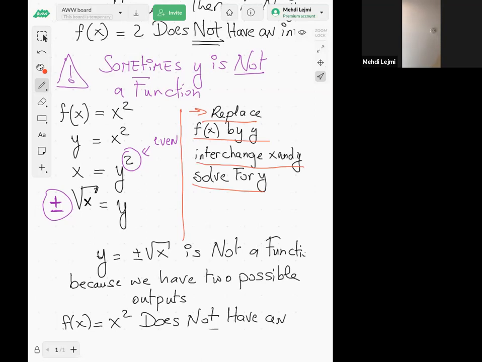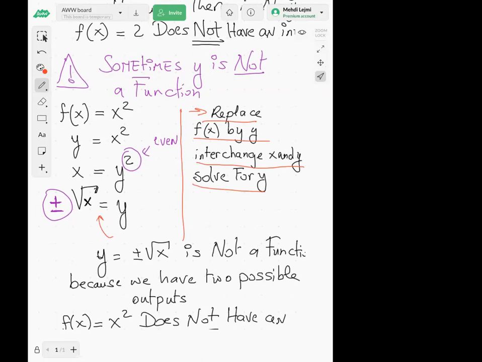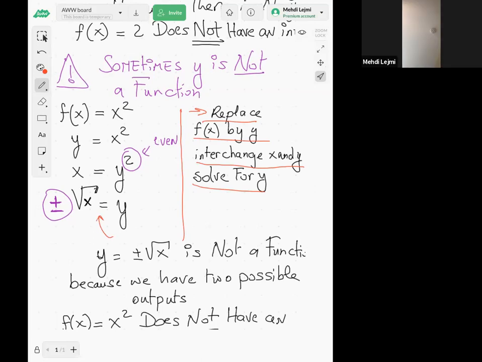All I'm saying is that in the last step, sometimes you cannot solve for y, or your y is not a function, and then you don't have an inverse. But the method is the same. Oh, okay, got it.